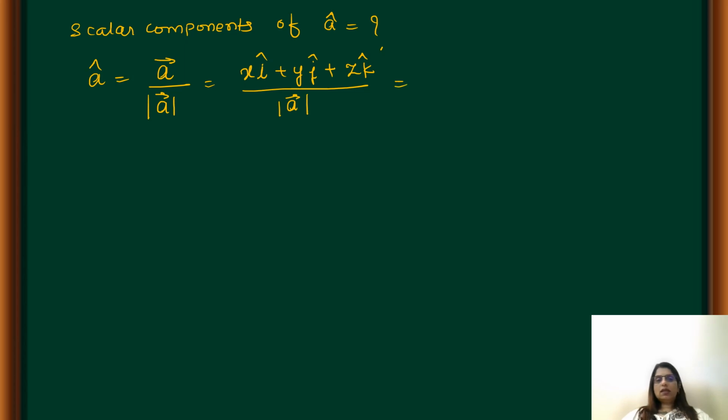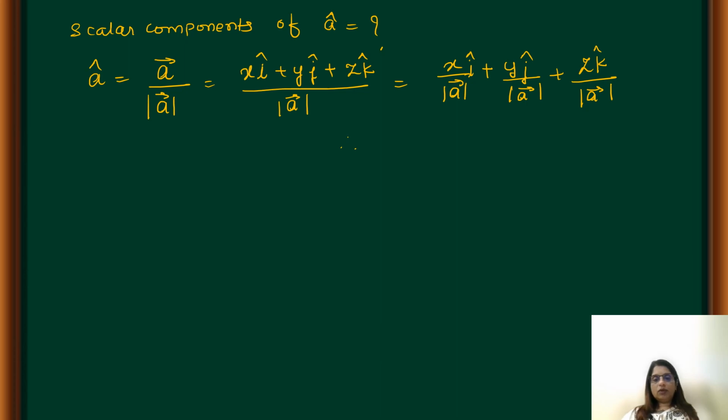So this can be written as x by magnitude of a vector i cap plus y by magnitude of a vector j cap plus z by magnitude of a vector k cap. So if you remove the i, j and k, then you will get the same. Correct.